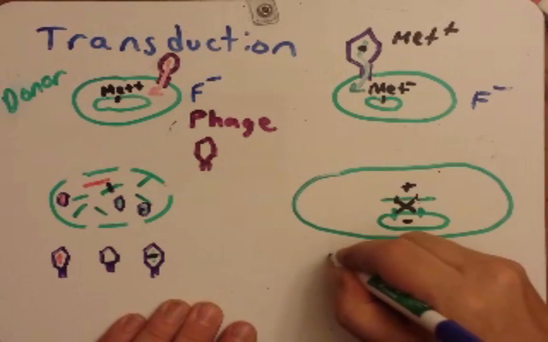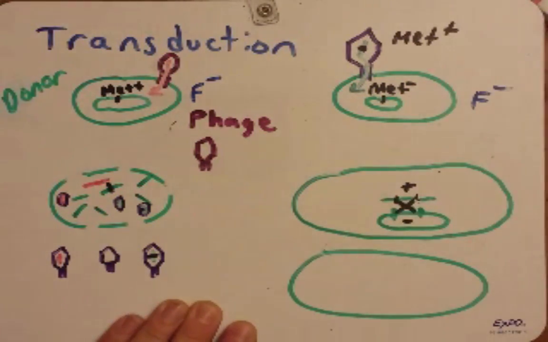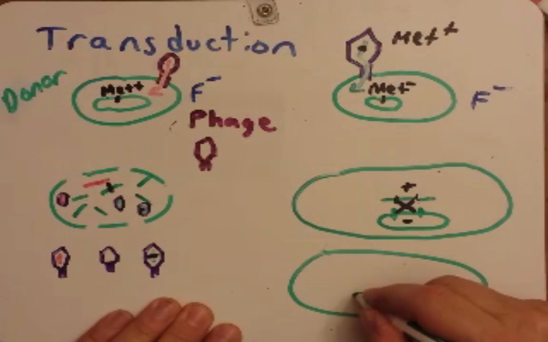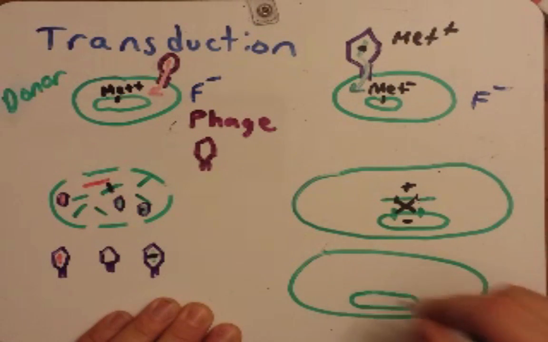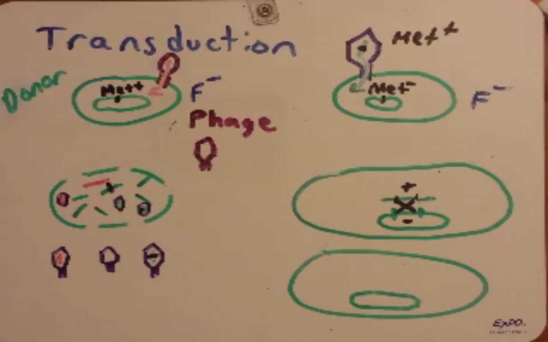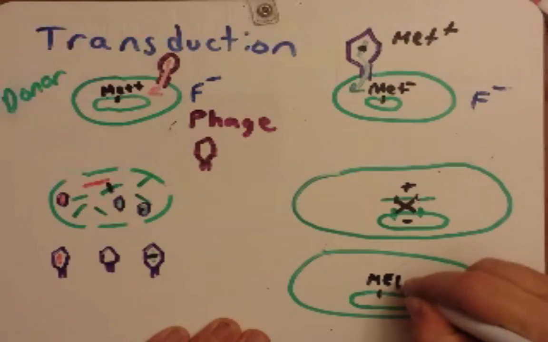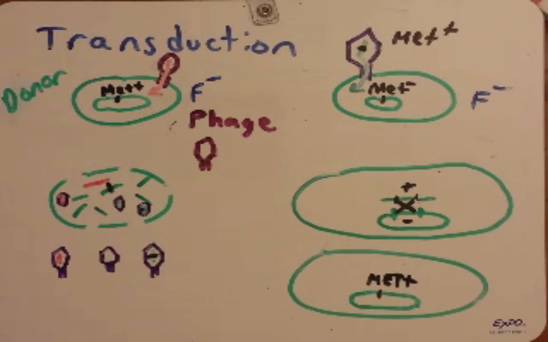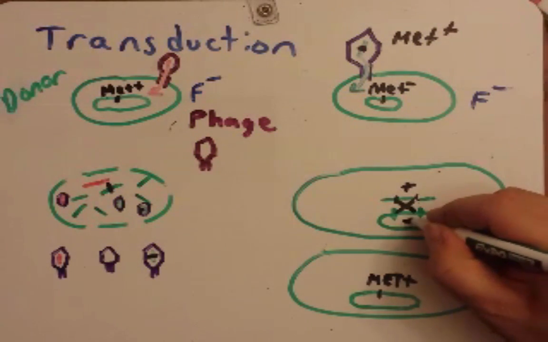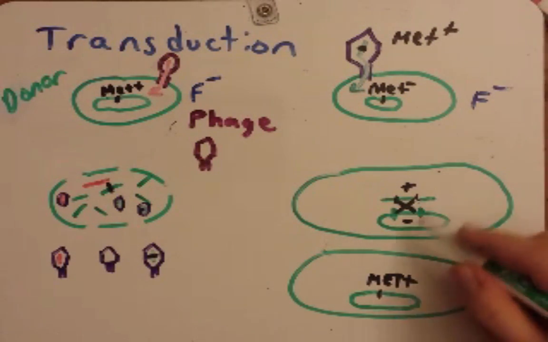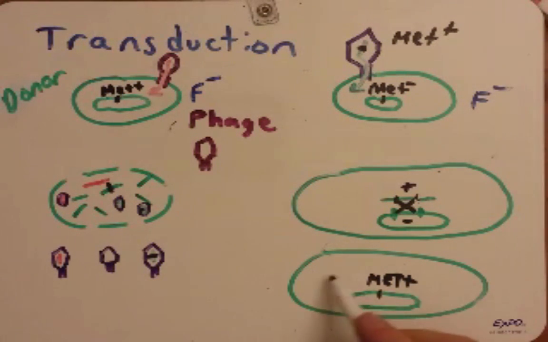So you end up with an E. coli cell from this recipient cell here that now has a genome just like it had before, except now it has MET plus in it. It has now become a prototroph for MET plus. The gene that was here, the minus gene, when it's displaced, it's just degraded. So it's not like hanging around in the cytoplasm anywhere. It's just gone.